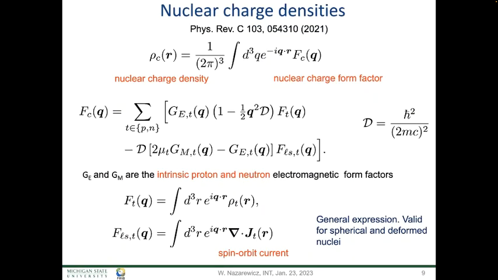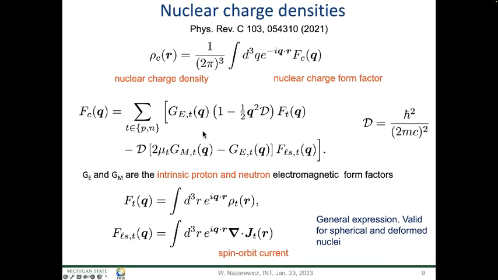Okay, just a very quick comment. I really don't want you to look at these equations. In many experiments which deal with the electromagnetic force, one is measuring charge density distribution. Charge density distribution, spherical or deformed, actually depends on many factors, not just proton distribution.